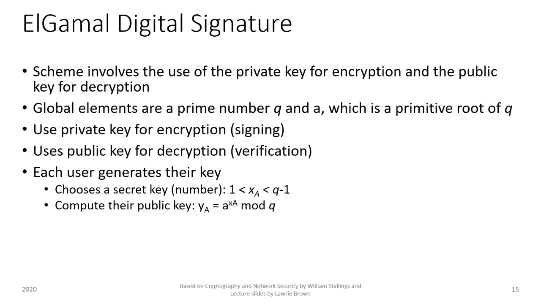The only difference being which keys are being used for what. The basic El-Gamal scheme is the same, but we would use the private key for signing and the public key for verification, whereas we would use the private key for encryption and the public key for decryption in the encryption scheme.